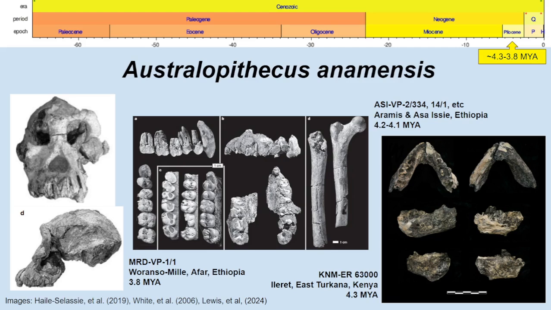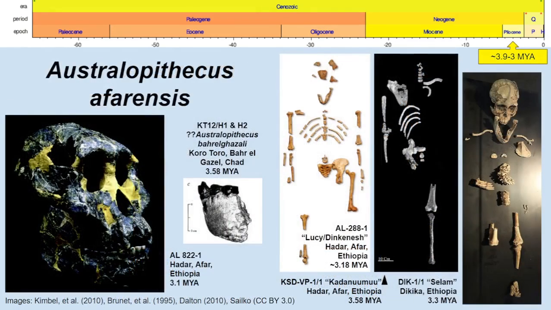For the more familiar species on the next slide, Australopithecus afarensis, currently dated to between 3.9 and 3 million years ago. The famous Lucy specimen, known as Dikenesh in her native Ethiopia, and shown here third from the right, belonged to the species. But in contrast to her status by both the general public and the young Earth creationists, she was far from the only known individual of this species.